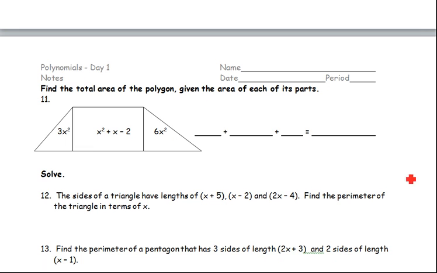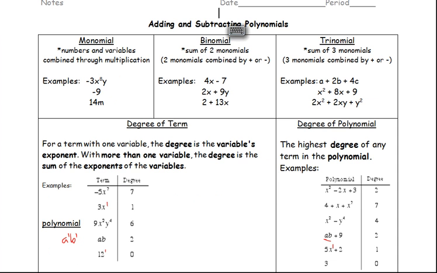All right. Find the total area given. Well, they give you the area of this shape, the area of this shape, and the area of this shape. So I have 3x squared plus, oh, I don't think they want me to write it like that. Let's see. Oh, let's go back.